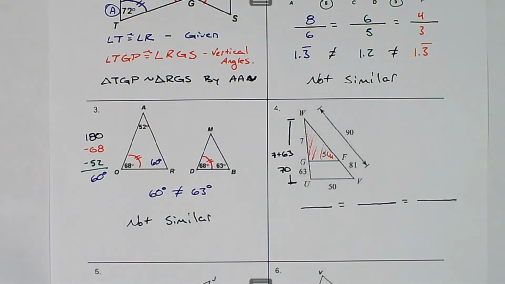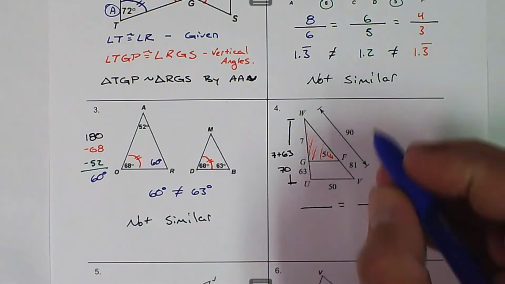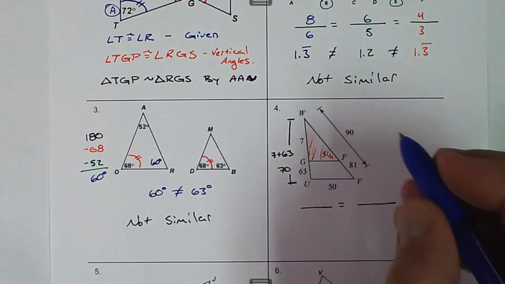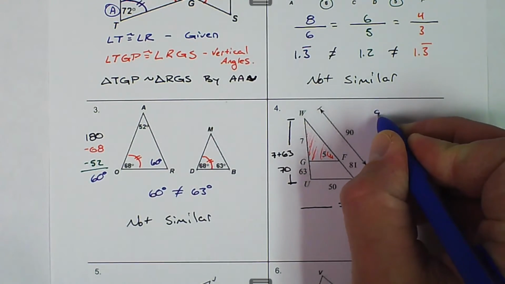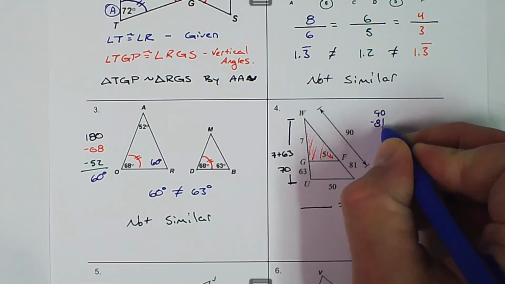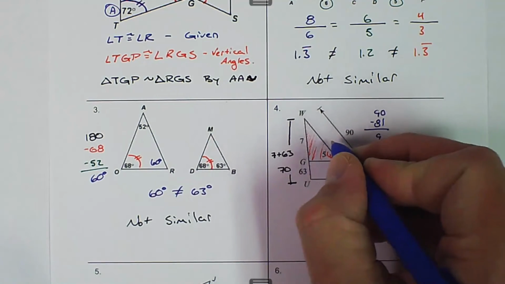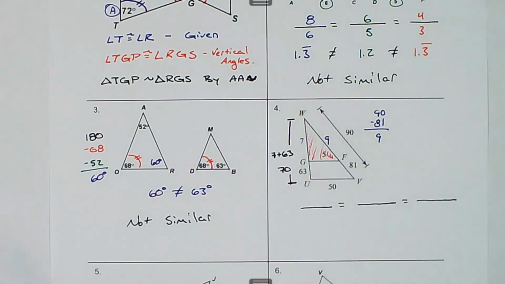So we want to compare corresponding sides. We have to do one more calculation. We're given 81 and 90, but we're not given the short side here. So 90 minus 81, and that's going to be equal to 9. So now I think we have all of our measurements we need.